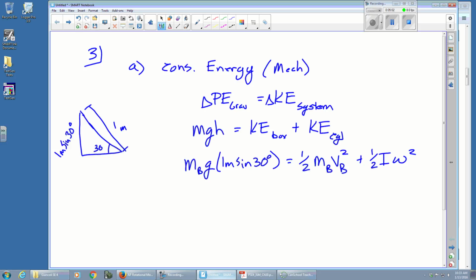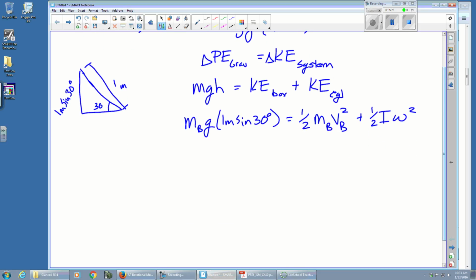Now, a couple other identities that help us at this point is the fact that it tells us that the rope isn't slipping. Well, if we see that term, or have that situation where we're not slipping, that's when we know that omega times r equals v.